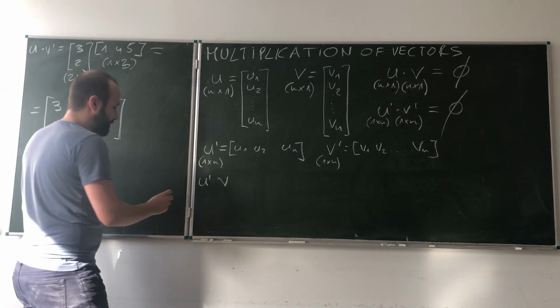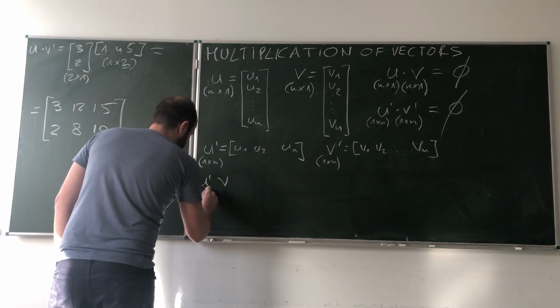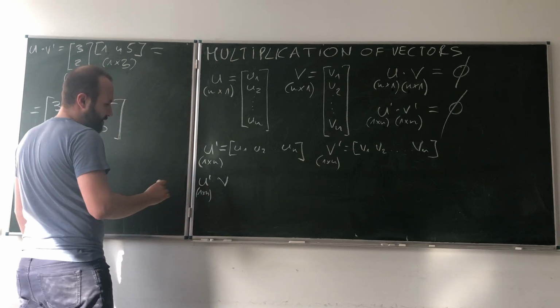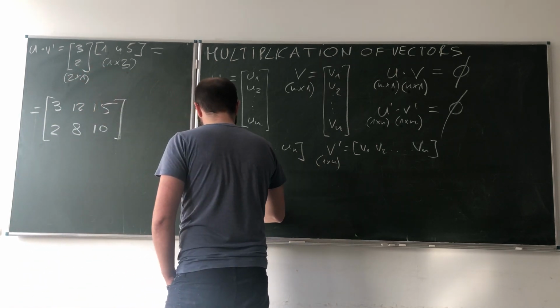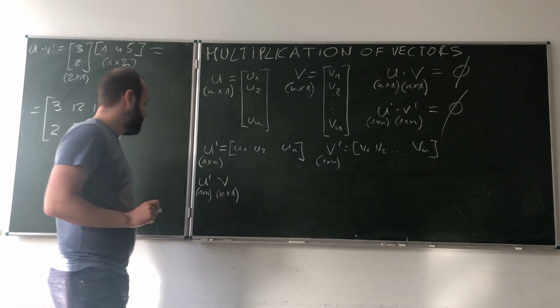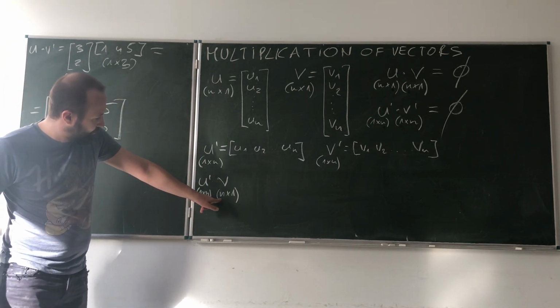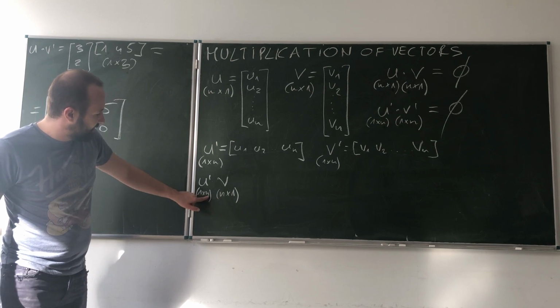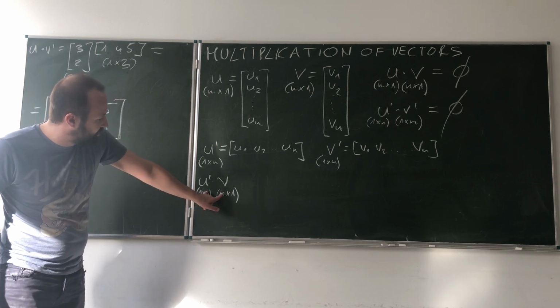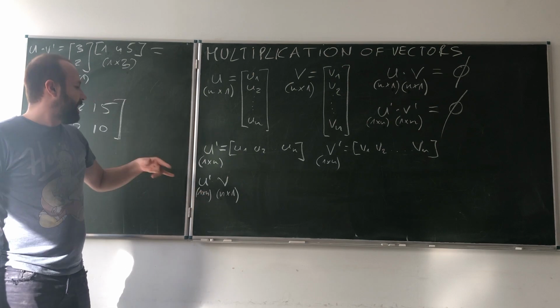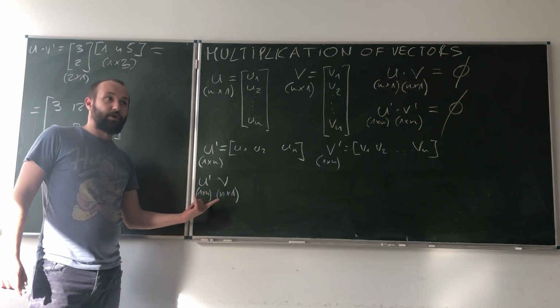Now, dimension of the first one is 1 by n, and dimension of the second one is n by 1. So, can I multiply that? Clearly, because they have those dimensions identical, and as an outcome I should get a matrix 1 by 1.